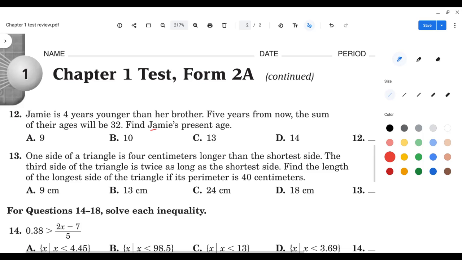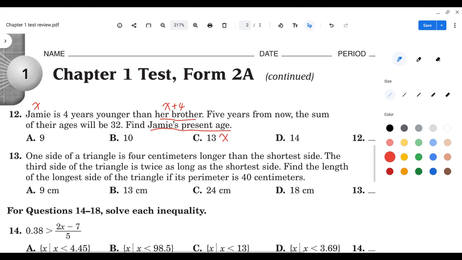So if we're looking for Jamie's present age and we set it as x, Jamie is 4 years younger than her brother. So her brother is actually 4 plus x, and Jamie is actually x. Does that make sense? Okay.